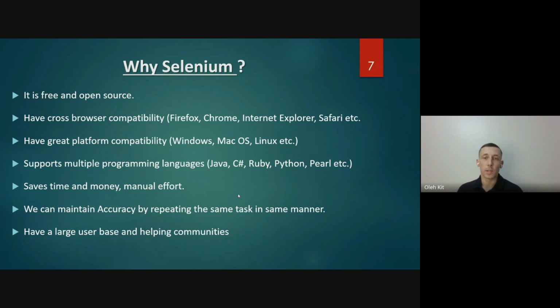So better to use the full version of Selenium if you need the full spectrum of its functionality. The benefit of this automation, of course, is saving time, money, and manual effort.